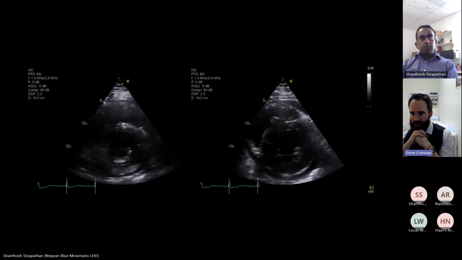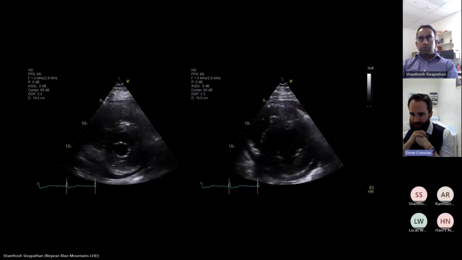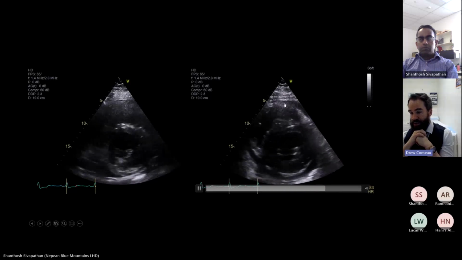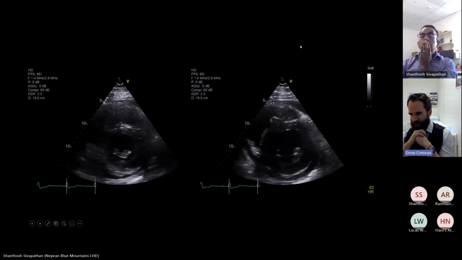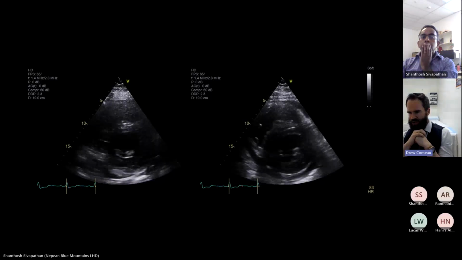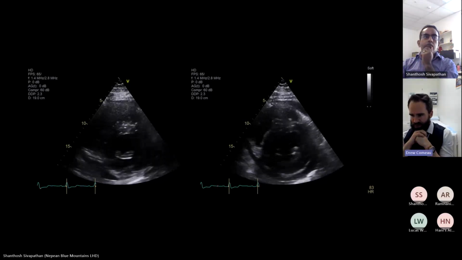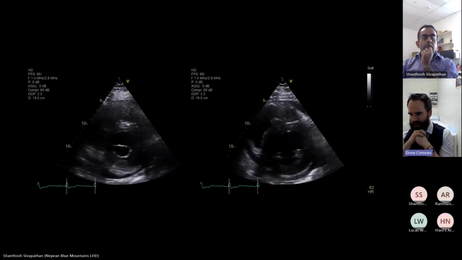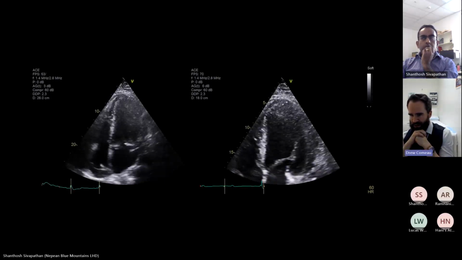I guess you can appreciate a small pericardial effusion. The mitral valve doesn't appear to be stenotic visually. There's good opening. From a function perspective, it appears globally reduced. I can't appreciate any regional wall motion abnormalities yet. And that's about it.